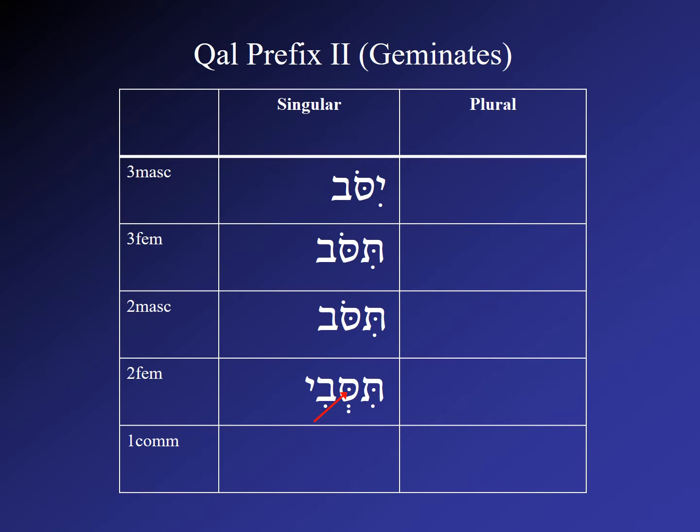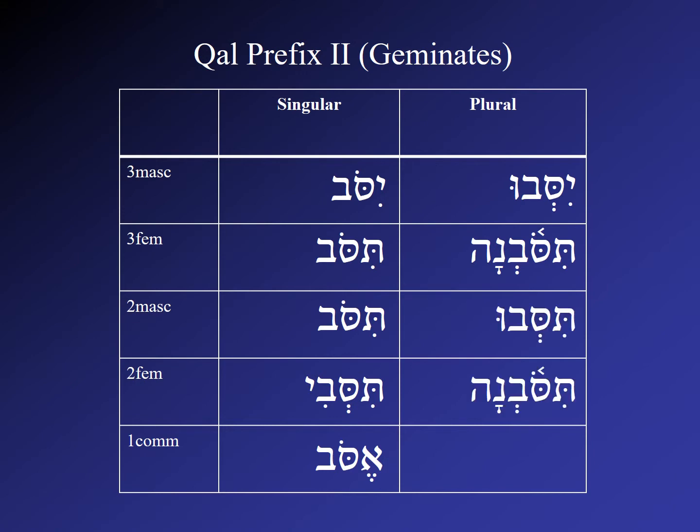Notice the first root radical is still doubled, but the vet remains undoubled, even though we have a prefix complement. Tisavi, esov. Then yisavu, tisovna, tisavu, tisovna, nisov. So this is cal prefix 2 of the geminate root.